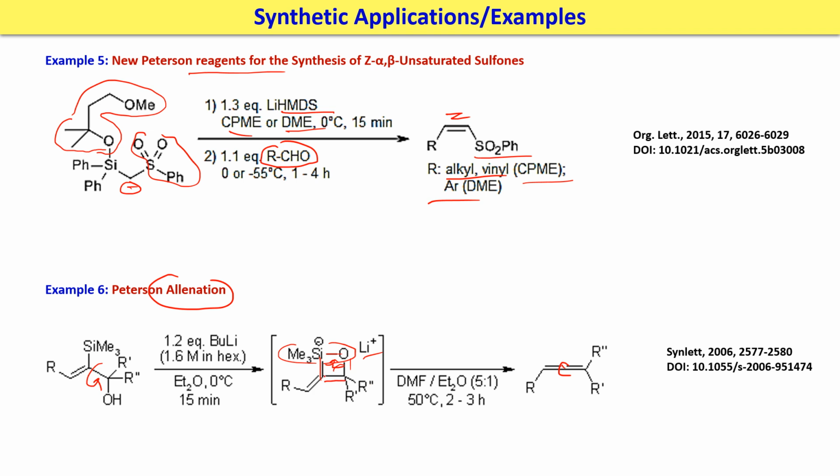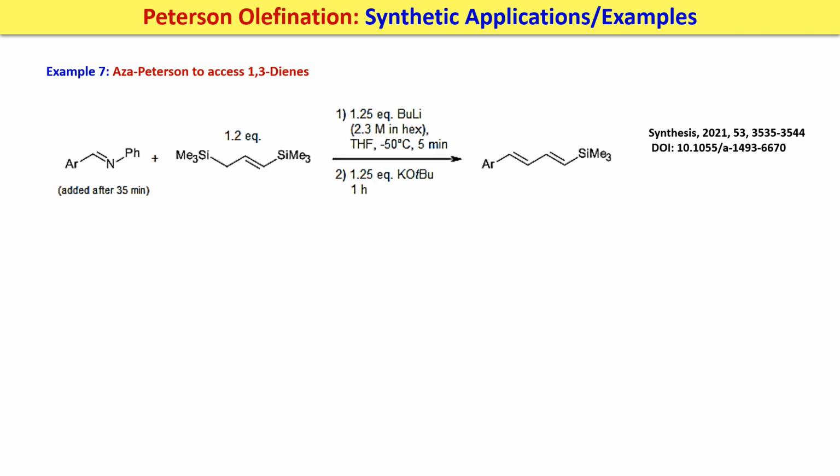So this is our allene, right? This is also very interesting because the newly generated CC bond is just adjacent to the originally present CC double bond in the substrate. So that is why we are getting allene type of compound, a Peterson route to access 1,3-diene.